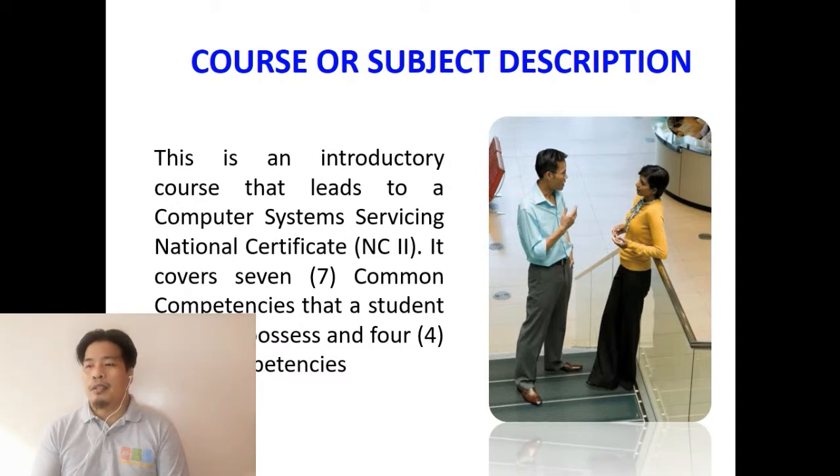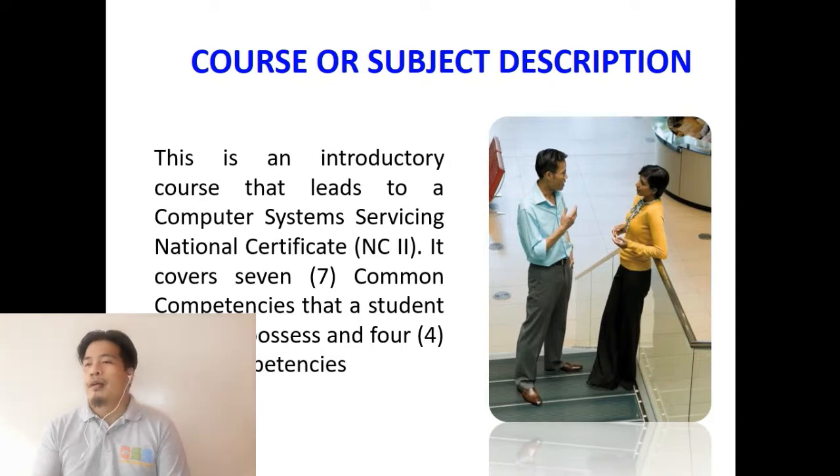Now, since the school year started late, what DepEd did was to compress the competencies. So for this year, we will be starting with core competency number 2, since core competency number 1 mainly includes the assembly, disassembly, introduction of computers, crimping of cables, and so on.